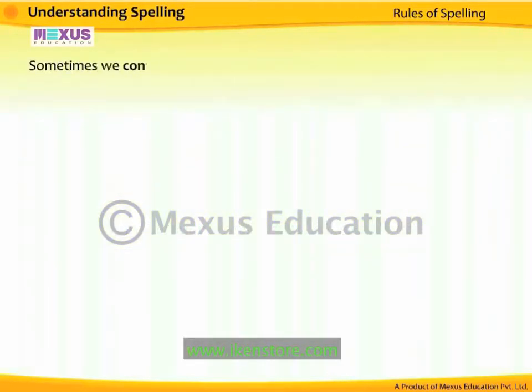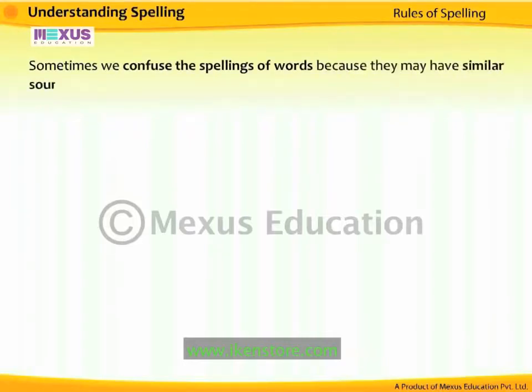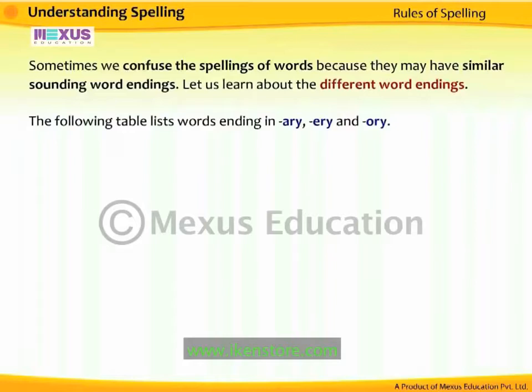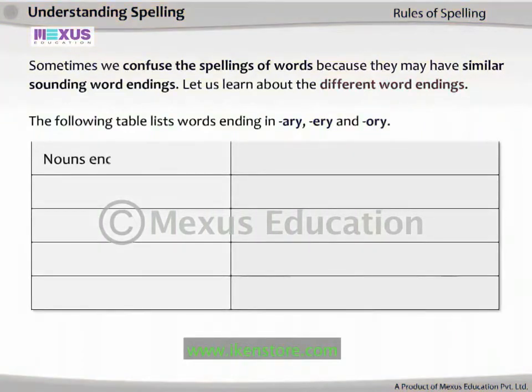Sometimes we confuse the spellings of words because they may have similar sounding word endings. Let us learn about the different word endings. The following table lists words ending in ARY, ERY and ORY. Nouns ending in ARY are dictionary, visionary, apiary.